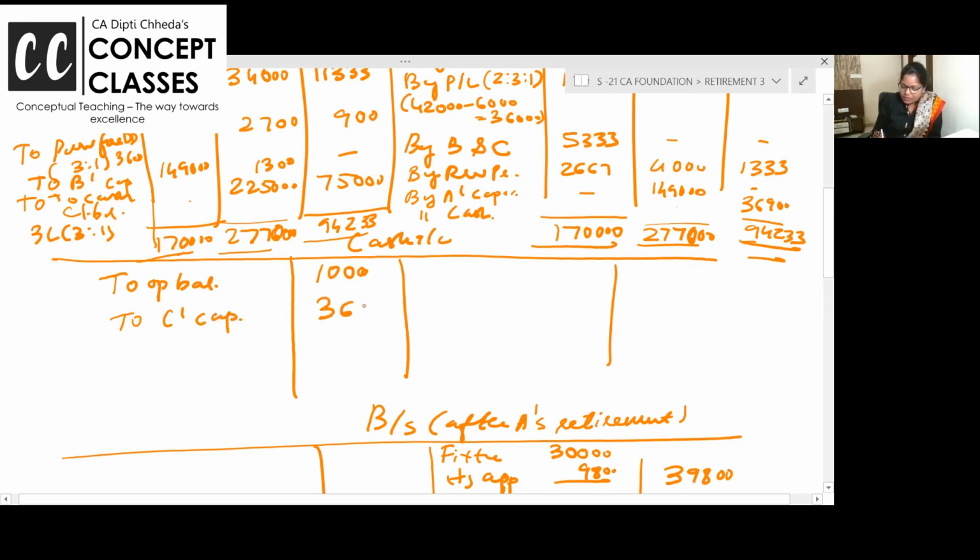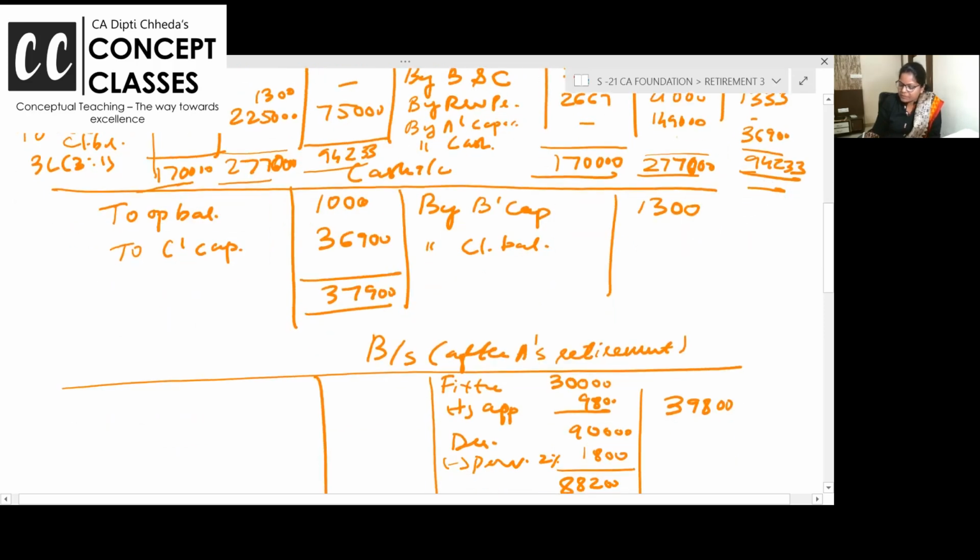C's capital account, 36,900, C is getting. B's capital account, 1,300 pay off to B, and closing balance you will get 37,900 minus 1,300, that is 36,600.